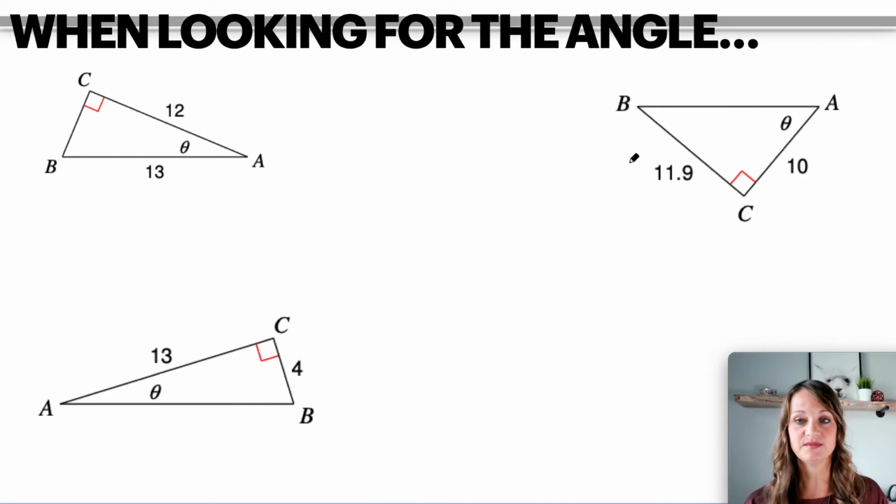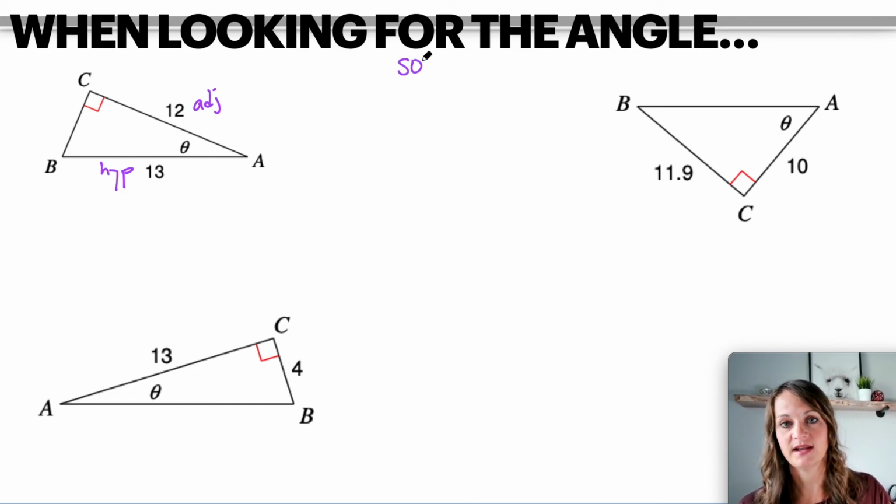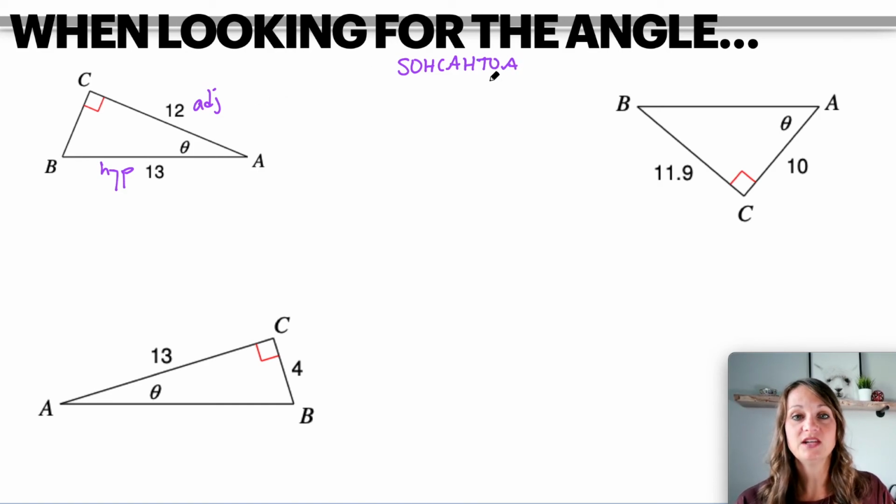So let's attempt these, knowing how to find the angle. According to this angle, this is your hypotenuse, because it is opposite the right angle. This is your adjacent side, because it is the side touching the angle. So A and H, I'm going to rewrite SOHCAHTOA again. So A and H represents cosine.